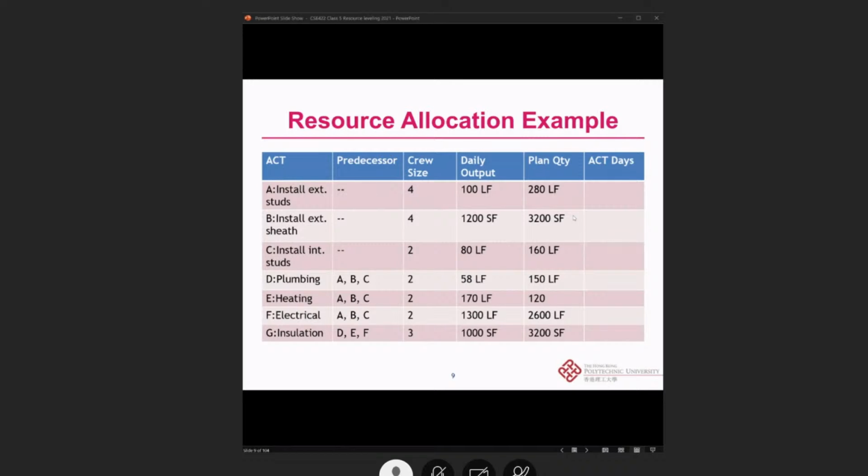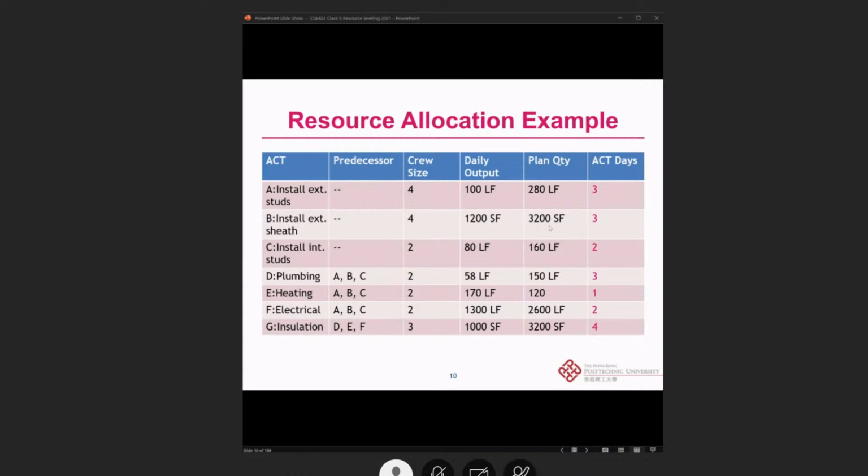Why we want to know this is that afterward we can know the activity duration based on the manpower that you have. For example, for activity B, if we want to install this shade for 3,200 square feet, and we can only do 1,200 square feet per day, we just divide 3,200 by 1,200, so that based on this manpower, the duration of this activity will be 3 days.